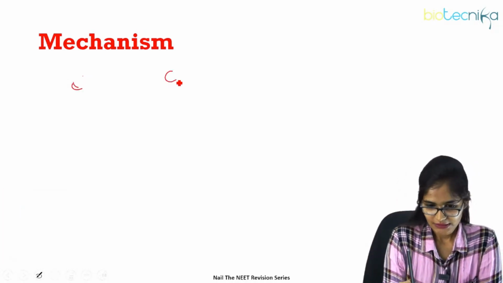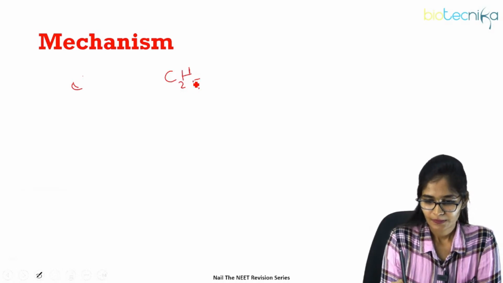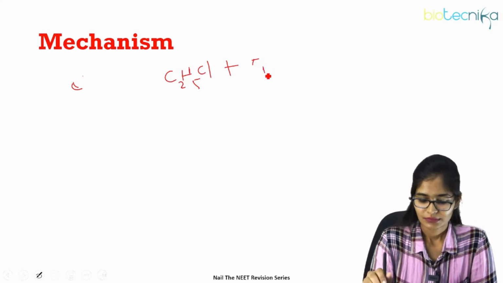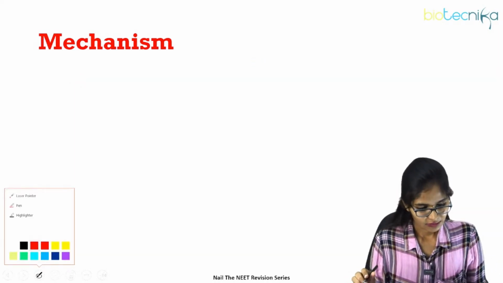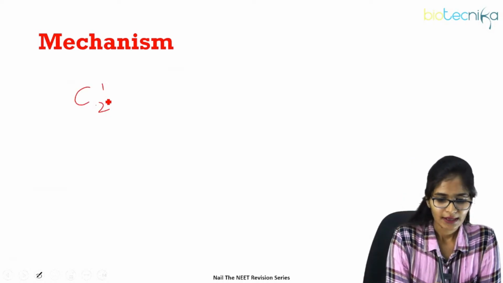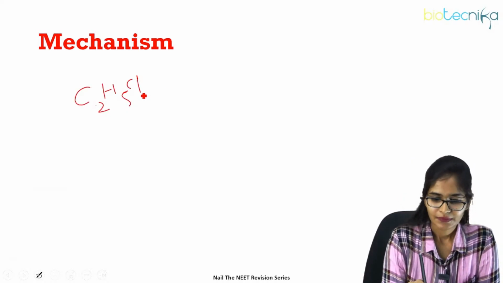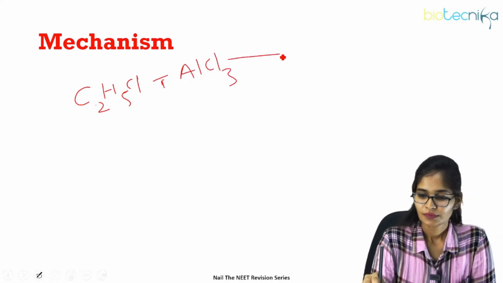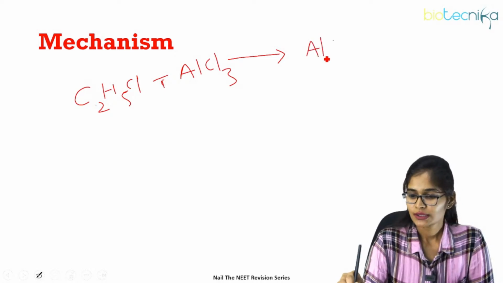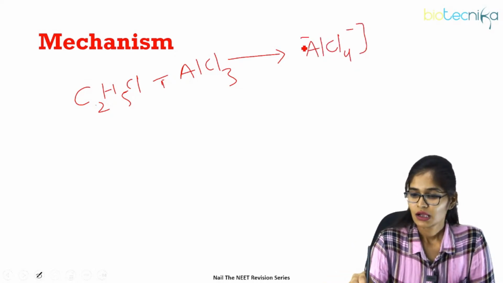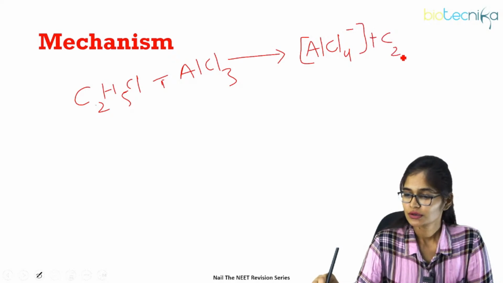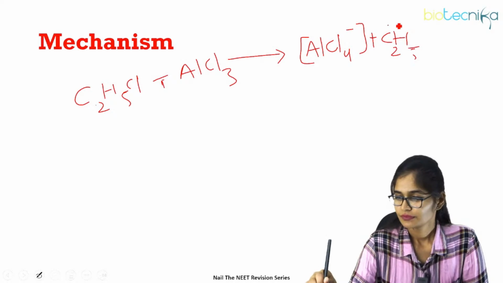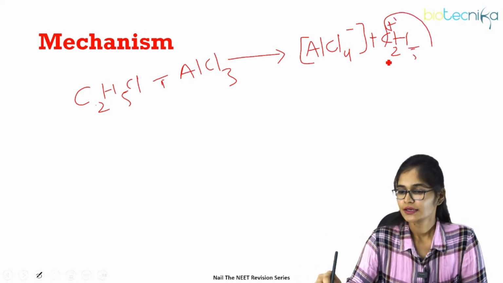You have your C2H5Cl plus AlCl3, where AlCl3 will go out as AlCl4 minus. Again, you have generated your carbocation, or electrophile, you can say. So the electrophile is ready, C2H5 plus.